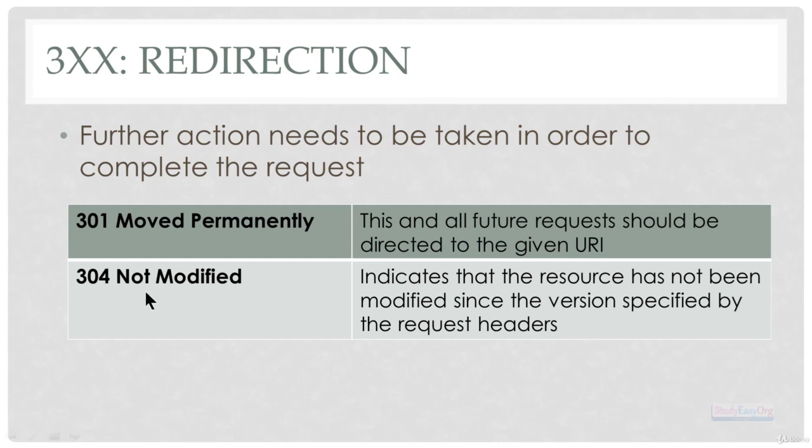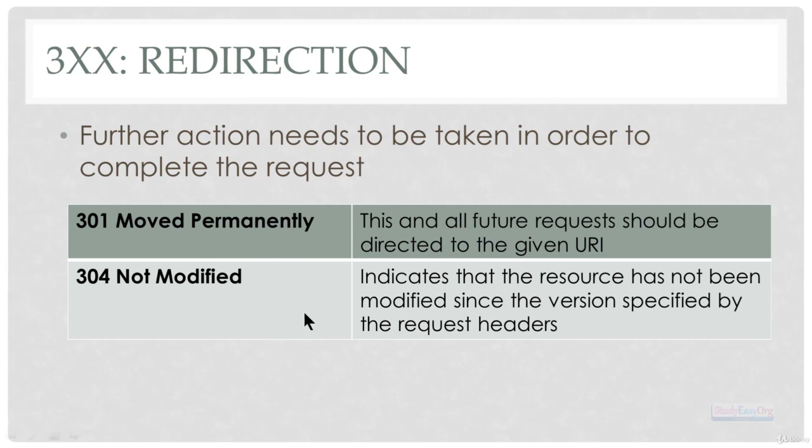Then we have 304 Not Modified, which indicates that the resource has not been modified since the version specified in the request header. This means that the header carries the last accessed information, and based on it there is no modification made on the server for the specific resource.